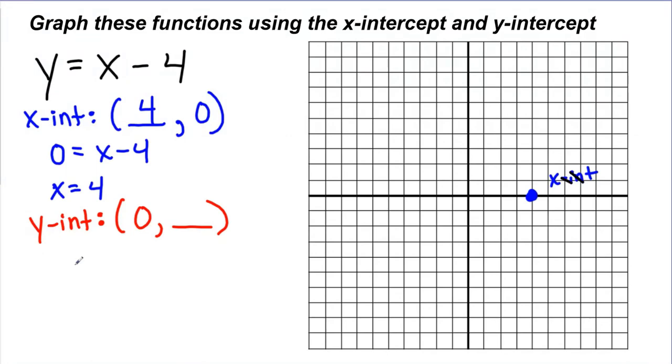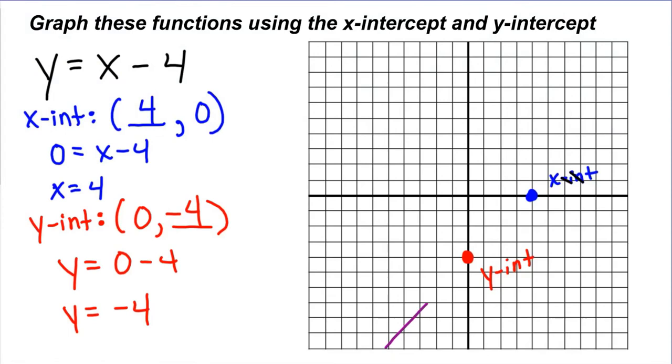So if x is 0 in this function, I'm going to replace x with 0. Y equals 0 minus 4. That gives me y equals -4. So here is where my line will cross the y-axis at 0, -4. And that's 1, 2, 3, 4 right here. And this is my y-intercept. So now I know my line goes through those 2 points.